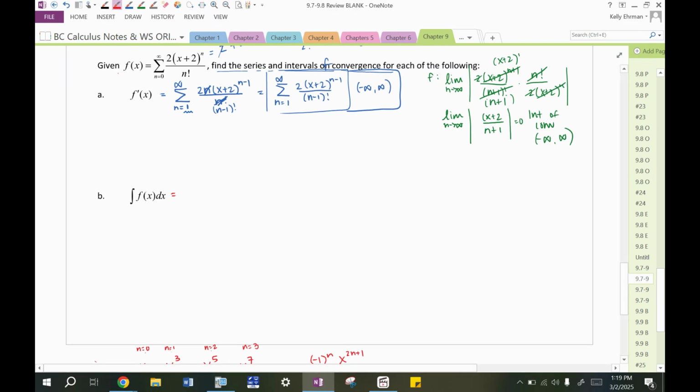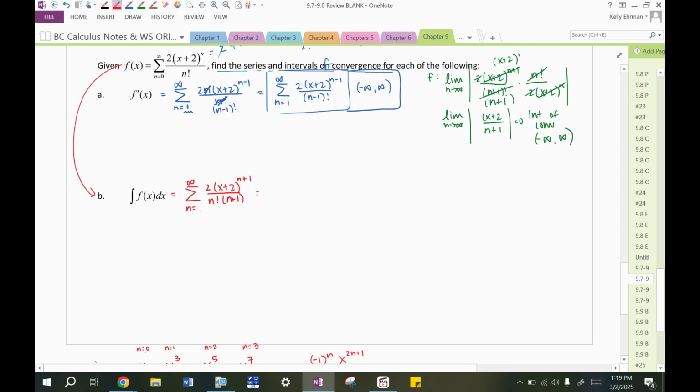Let's find the series. So remember, you're going from f of x here. So what do you do in this case? It'll be the sum from n equals something to infinity. The 2 is there. The x plus 2 becomes to the n plus 1. There's already an n factorial down there, but you also multiply by the new exponent. Now, n plus 1 times n factorial is n plus 1 factorial.